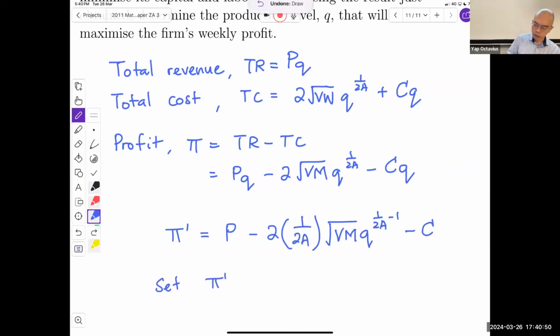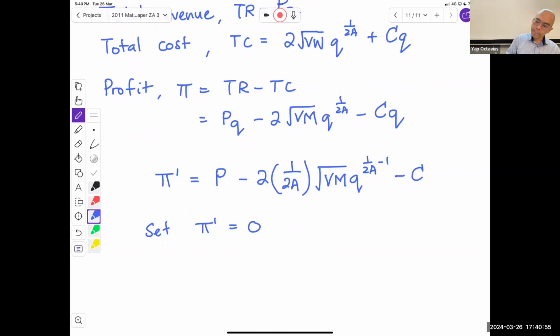Oh, sorry. So we need to find the Q. We set this to 0, then we get, so this one simplifies already. So you get 1 over A root Q, combine this together.